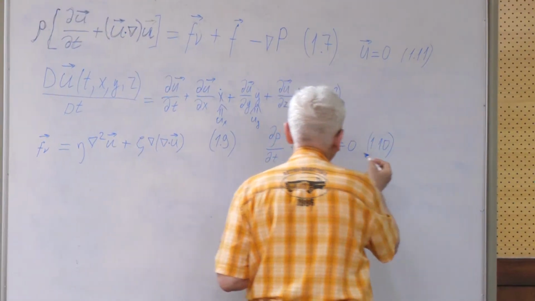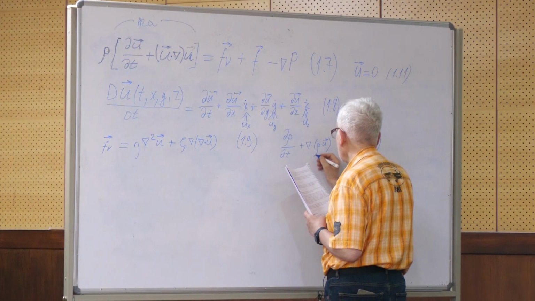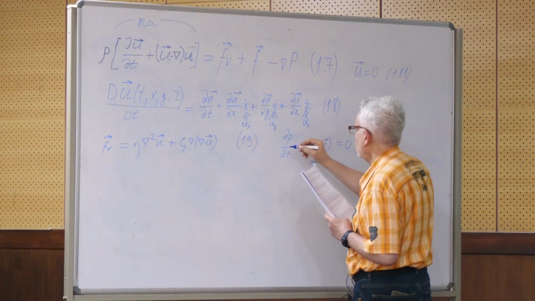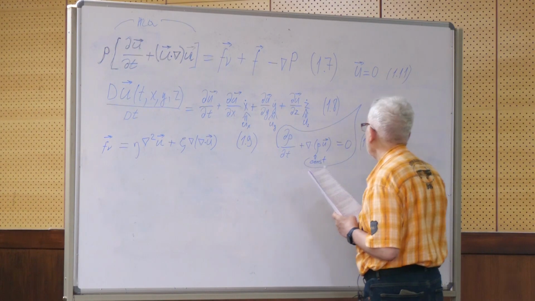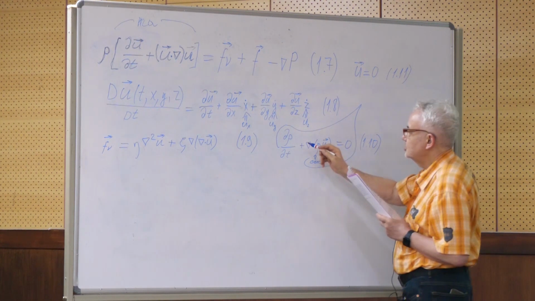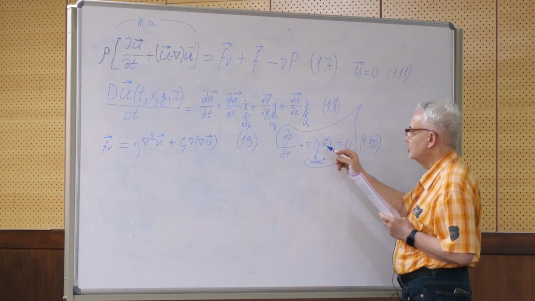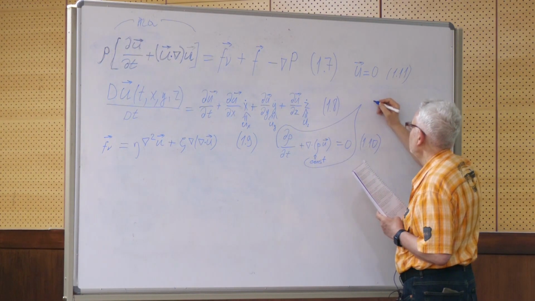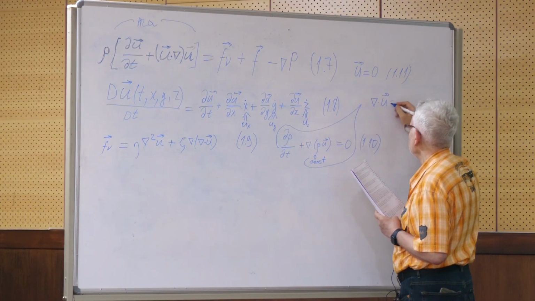If we consider the particular case when rho is constant, then we have zero here, and since rho is constant, it can be taken out of the brackets, and eventually we have divergence of U is equal to 0.